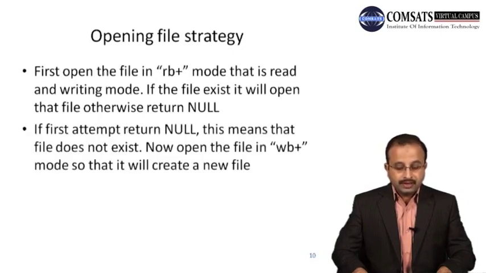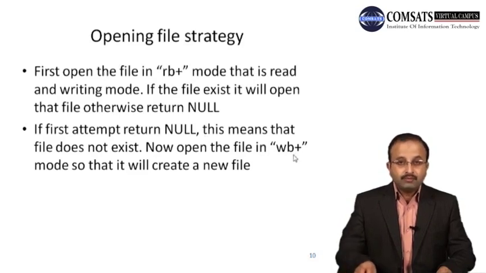If the first attempt returns NULL, this means that the file does not exist, and this is the first time you are running this program, because when you run this program the first time, fopen with rb+ will return NULL, because the file does not exist. So this means that the file does not exist.